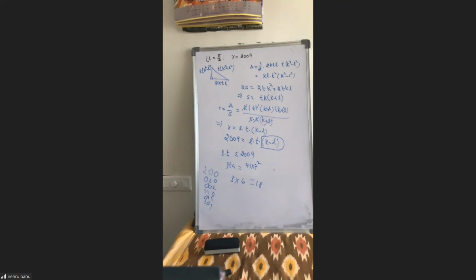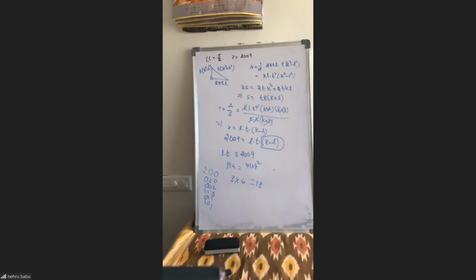So this method may not give the correct answer. Just now you said for 2013 we got the correct answer, but for 2009 we are getting a wrong answer. So it depends on the possibility of sides. Sir, but how did we get more solutions? If L and T have no restrictions, we should be getting fewer solutions.